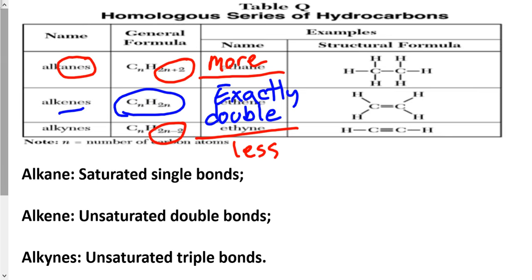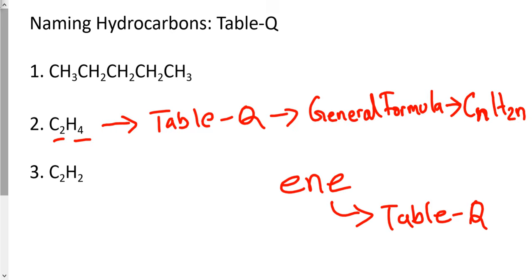This is an alkene, where we usually see the amount of hydrogen is exactly double the amount of carbon. Therefore, the name should end with ene based on the information that we got from reference table Q. But how many carbons do we have?